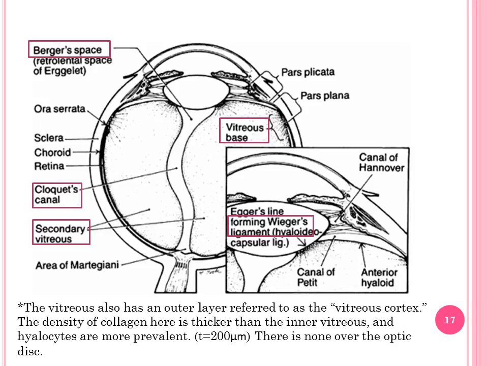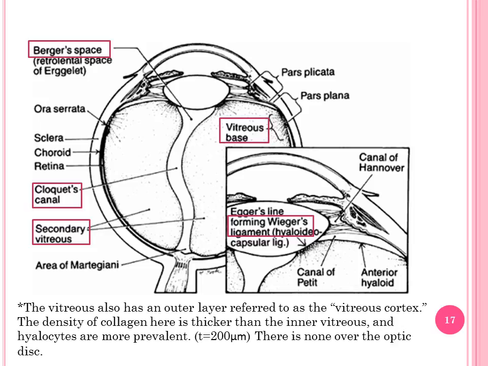It is a gel, but it does have attachment, so it stays. It's not constantly shaking around. It's somewhat stable. Also, I've circled right here Weiger's ligament. This is not a remnant on the back of the lens, it's an attachment, and we'll get to that in a second.